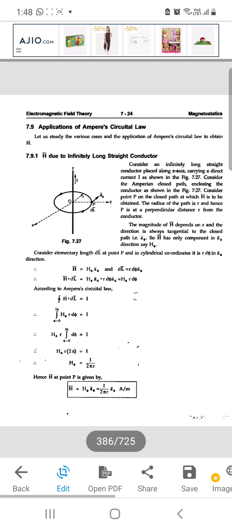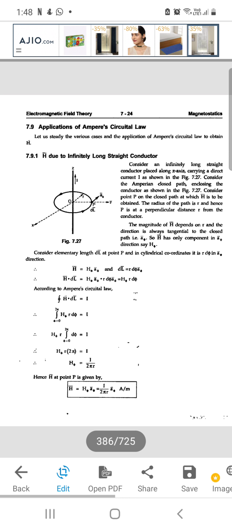The magnitude of H depends on r, and the direction is always tangential to the closed path, that is a phi. So, H has only a component in the a phi direction, and that is H phi. So, you will not have H in the other directions, that is, H r a r and H z a z will be absent while writing the equation of H. Similar is the case with dl.